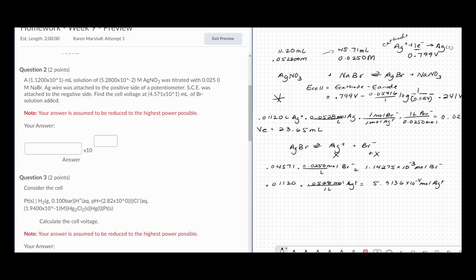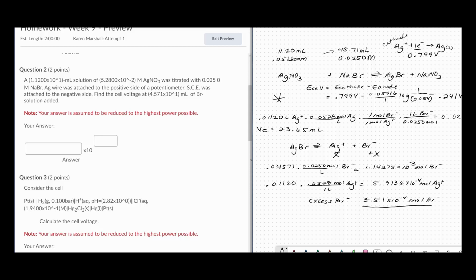So I take the amount of bromide that I have, 1.14 times 10 to the negative 3, and I'm going to subtract the moles of silver, because what that represents is the excess bromide in solution. So I have 5.51 times 10 to the negative 4 moles of bromide in excess.